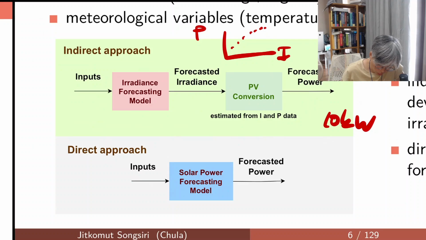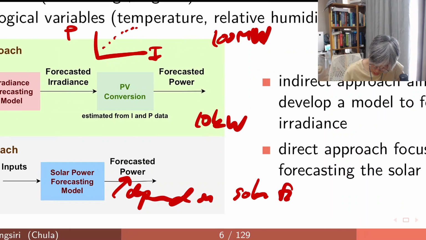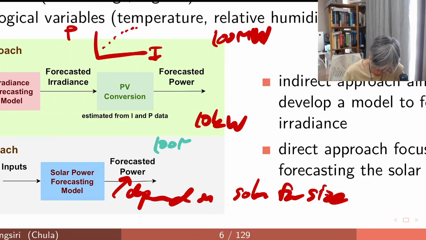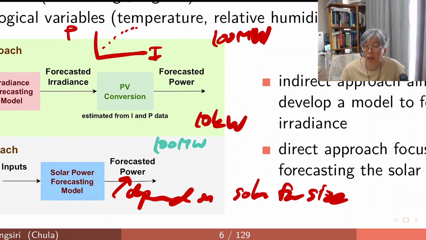However, if you have developed a forecasting model based on the direct approach, this is solar power, where the magnitude depends on your solar farm size. If you have developed this model for a 100 megawatt solar plant, certainly you cannot immediately apply your model to another solar farm that may have different capacity.